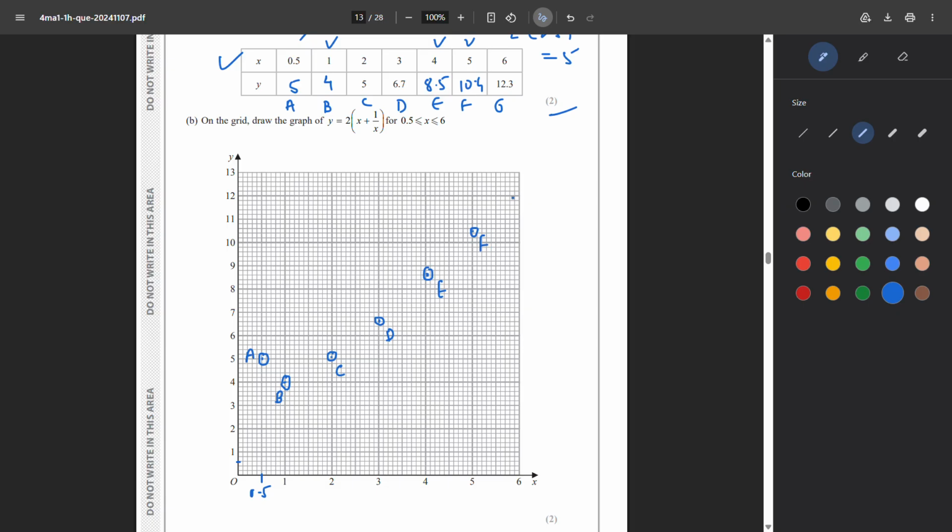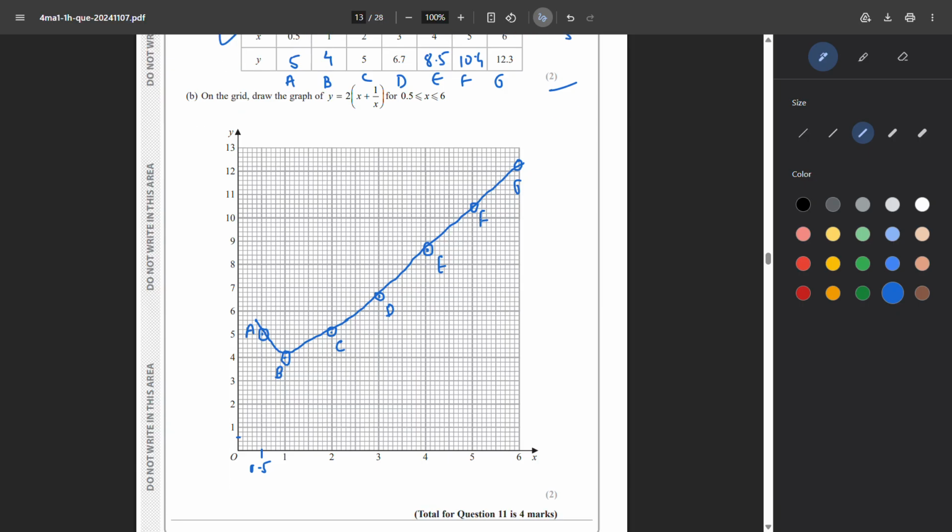And last, 6 and 12.3, this will be your G point. Now you have to join these points like this. If you connect them, it will look like this. So this will be your y is equal to 2 into x into 1 plus x curve. Plot all points and connect them, you will get 2 marks.